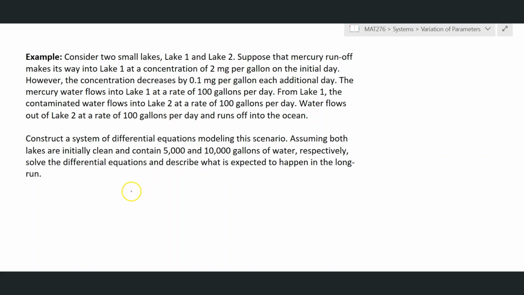So as we begin, we need to think about what we are going to be modeling over time. And it probably makes the most sense to model the amount of mercury. And so I'll just use X and Y to describe these. So let X represent the amount of mercury in Lake 1 after T days, and this is going to be measured in milligrams.